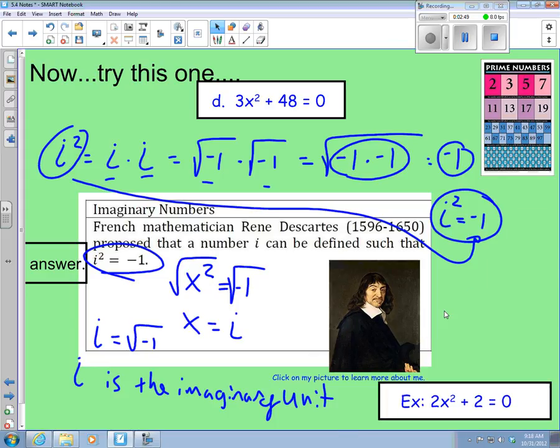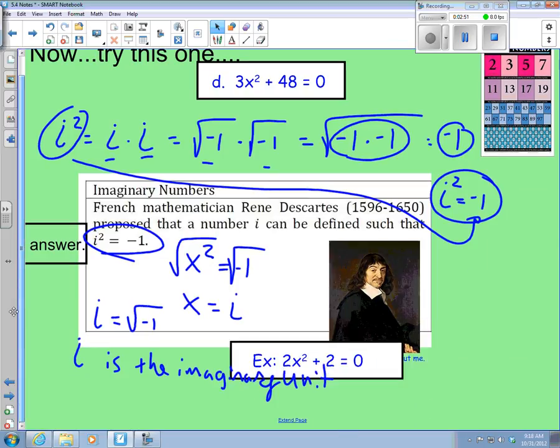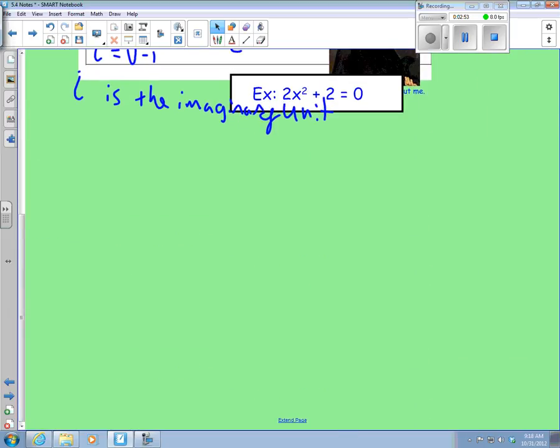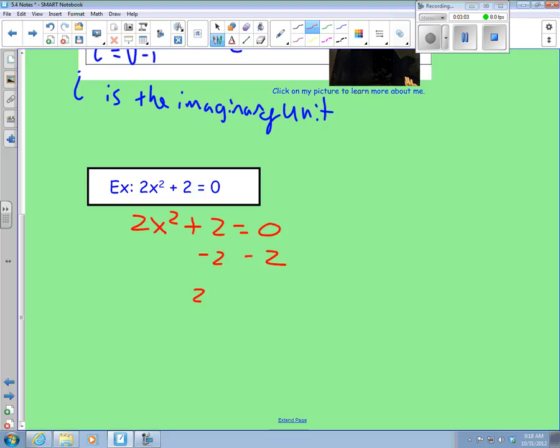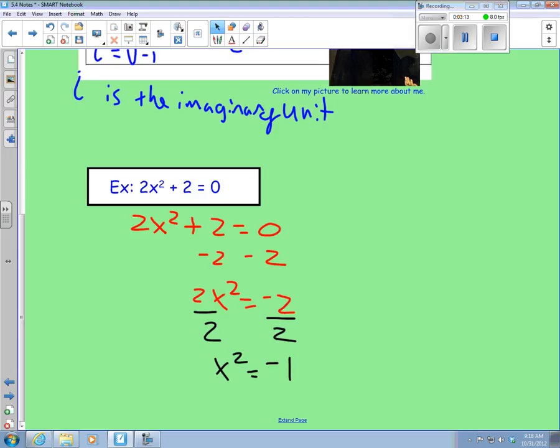Example. So we're going to go to this problem right here. It's right next to it. And to solve this, 2x squared plus 2 equals 0. We're going to subtract 2 from both sides and get 2x squared equals negative 2. Dividing both sides by the 2, I get x squared equals negative 1. Now, how do we solve this?